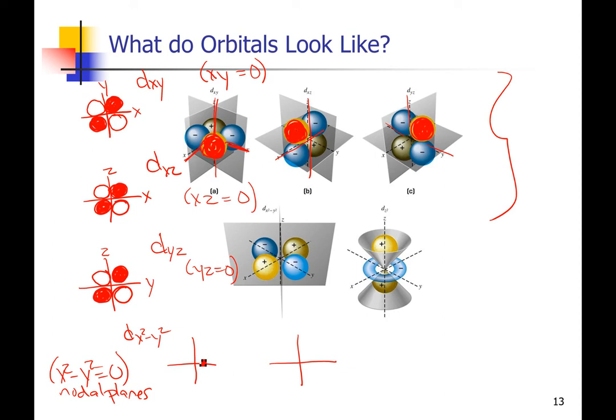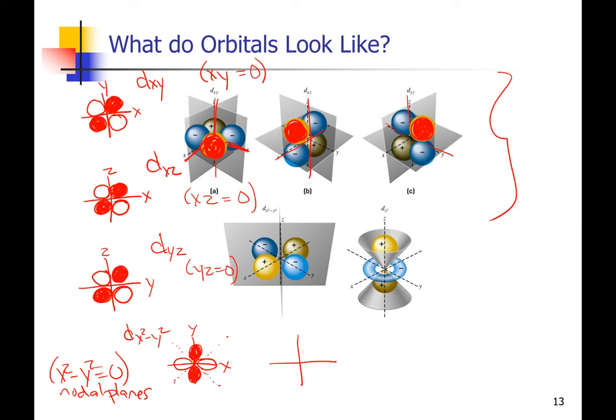Well, it means that there are nodal planes going exactly along x equals y. And so therefore, my lobes are going to point directly along the y-axis and directly along the x-axis, and I'm going to get something that kind of looks like that.